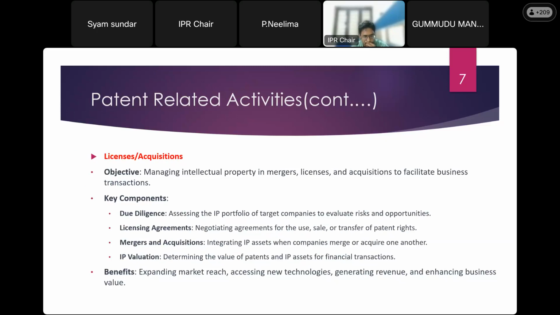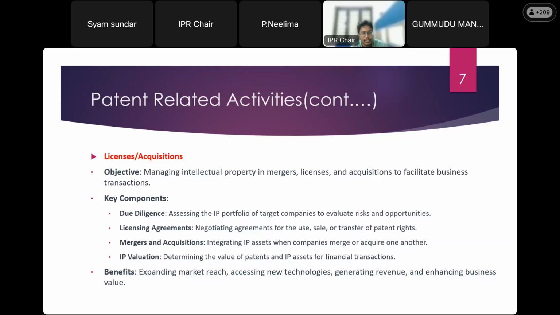Because you are a patent holder, you can give a license to somebody so that they will pay you a royalty, or you can have an agreement with some company that they can use my patent and pay a royalty of this much. All these activities come under license or acquisition.